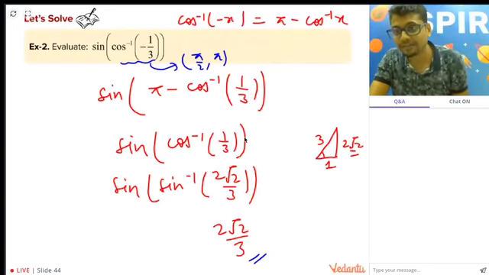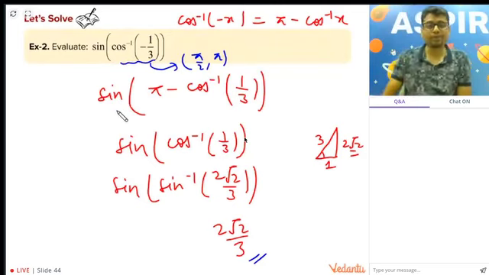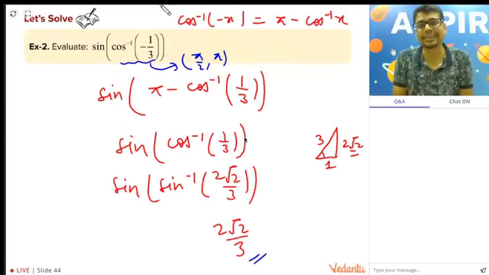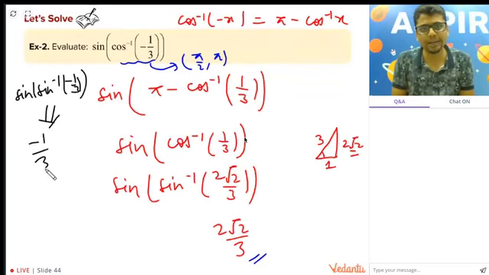So if sine inverse comes in place of cos inverse, then we don't want to take that pi. Of course we would not. Basically, sine inverse of minus x is minus sine inverse x. So what about sine of sine inverse of minus 1 by 3? This will be straight away minus 1 by 3.